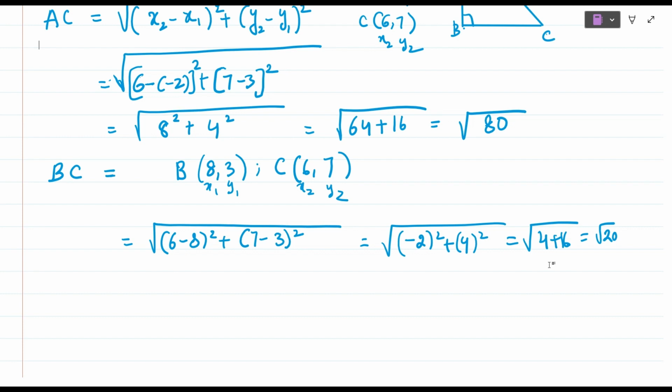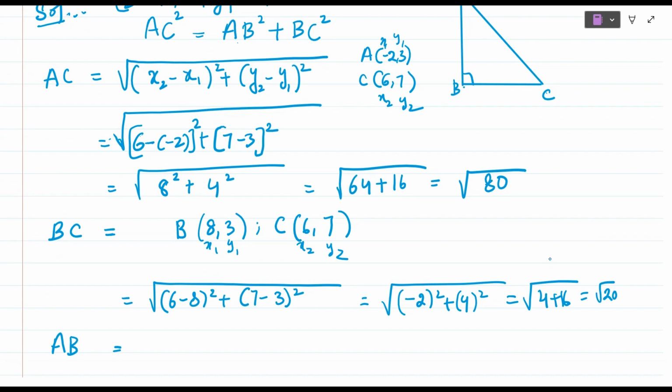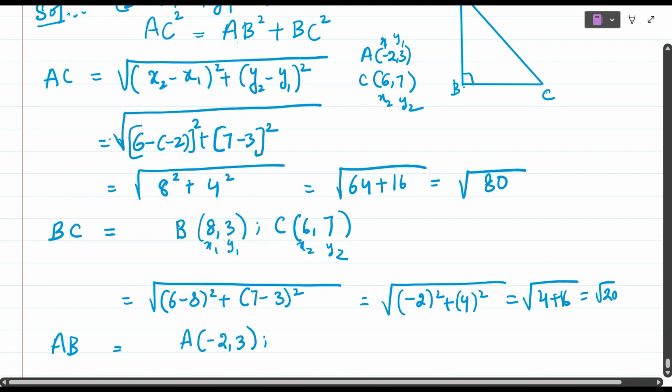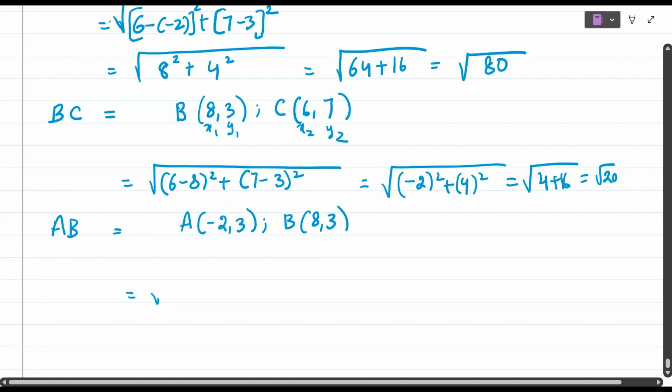Next, find out the distance between A and B now, okay? The distance between A and B. So what are the coordinates of A, students? A is minus 2 comma 3. And B is 8 comma 3. Okay. So now apply the formula.